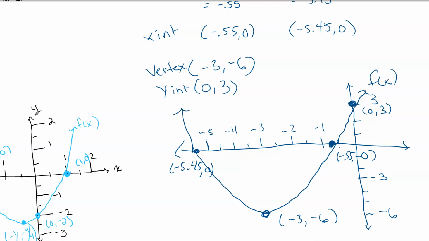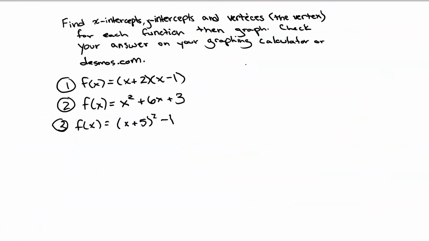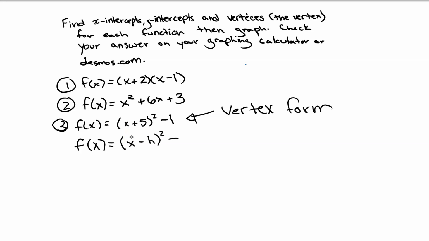All right, so that's standard form. Vertex form is going to be a little bit faster. All right, so vertex form, we're looking at our last one here. So the nice thing about vertex form is our vertex we can get just from looking at our equation. So our vertex is going to be the opposite of this value and the same as this value.